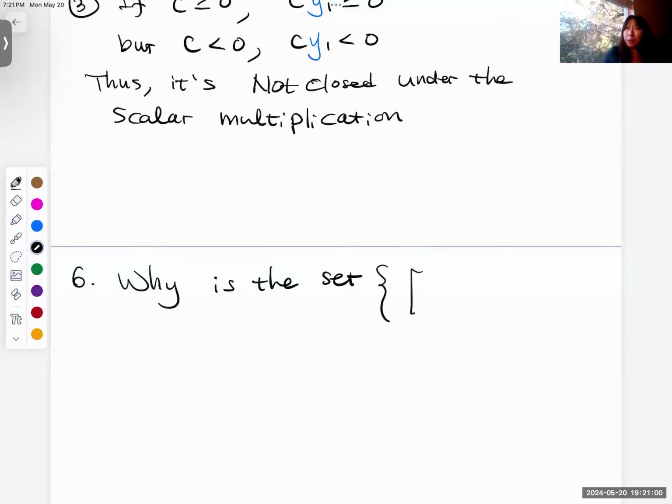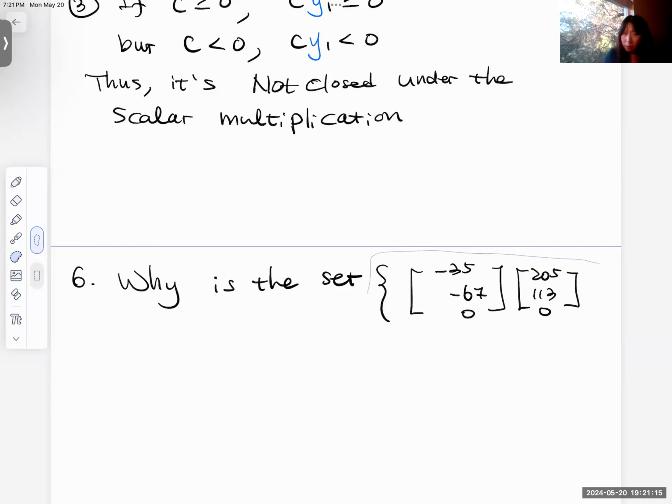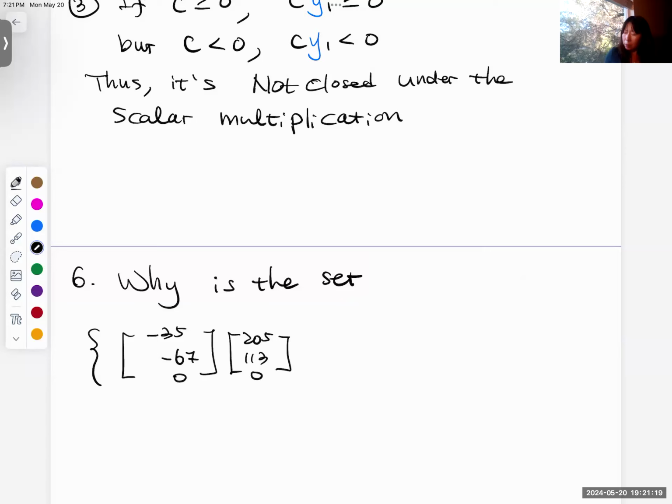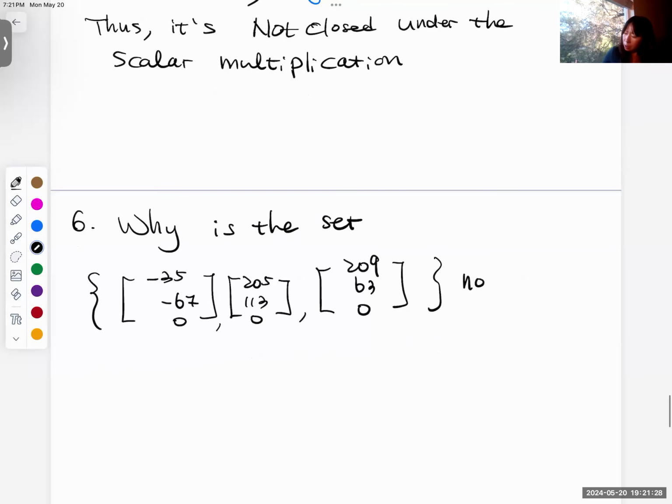So we have negative 35, negative 67, 0, and 205, 113, 0, and 209, 630, 0, not a basis.